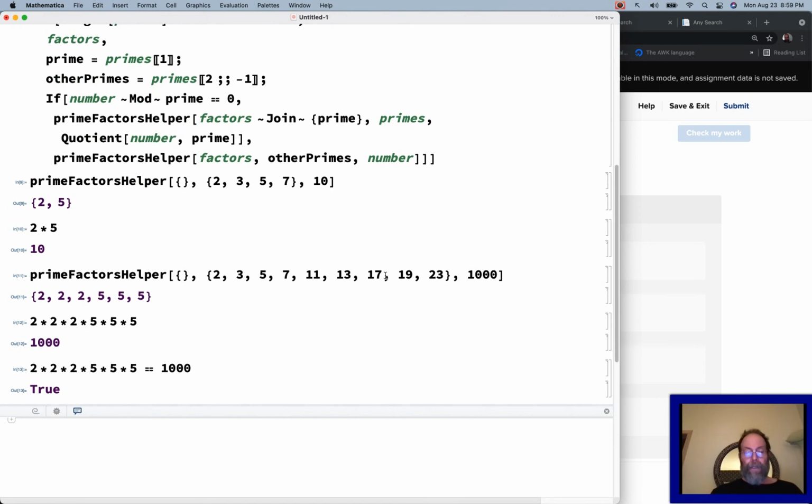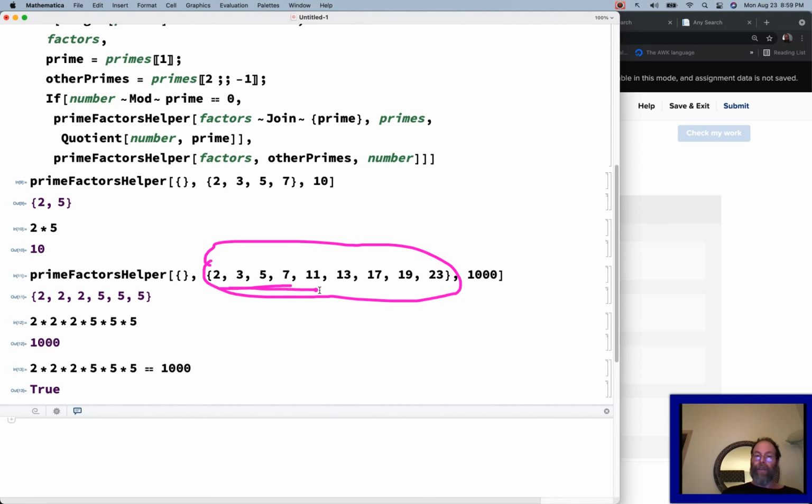However, there's still a question here. How many primes are we supposed to use? Do we use 2, 3, 5, 7? Do we use 2, 3, 5, 7, 11? Do we use 2, 3, 5, 7, 11, 13? I mean, how many prime numbers are we supposed to look at? So the thing to remember is this.